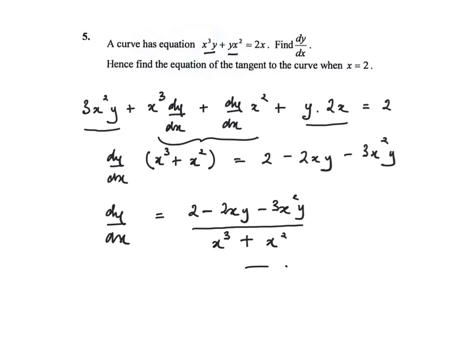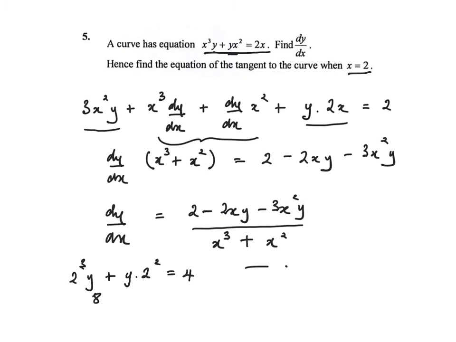Now we really need a y value as well, so I'm going to sub x equals 2 into this equation. So that's 2 cubed y plus y times 2 squared, and 2 times 2 is 4.